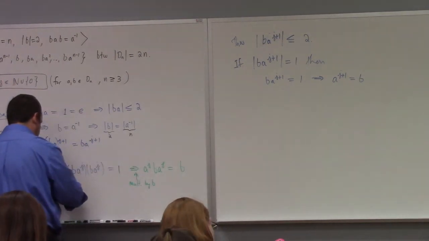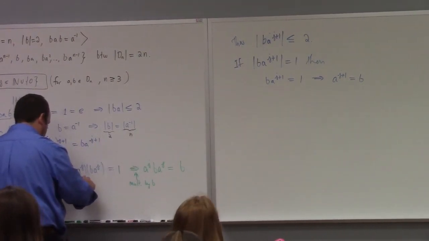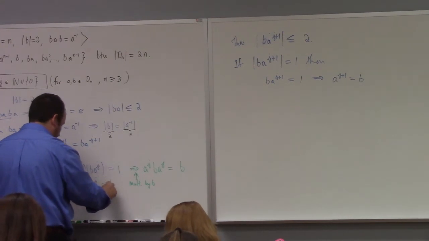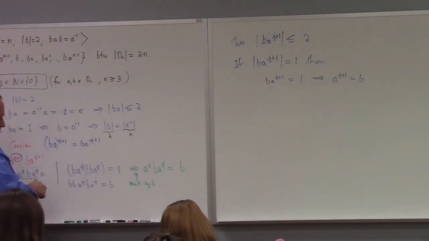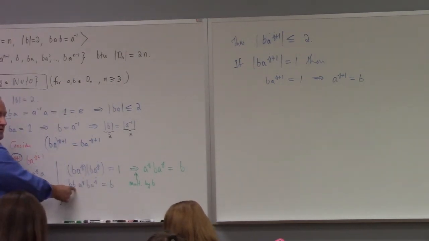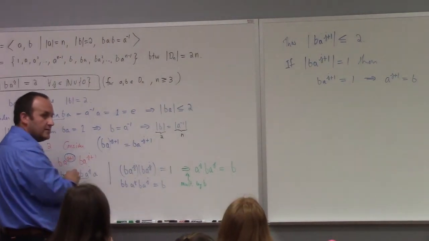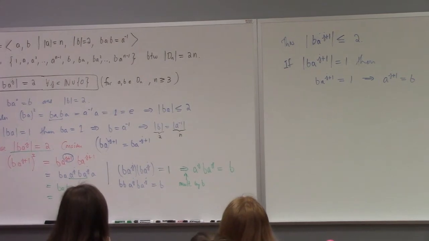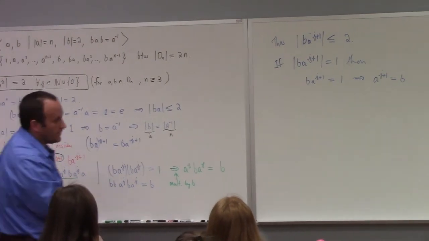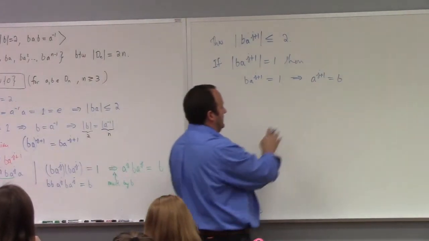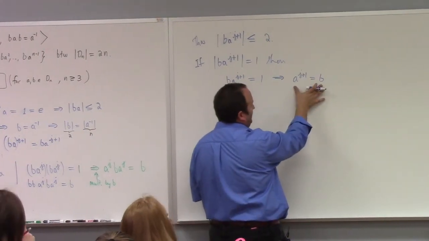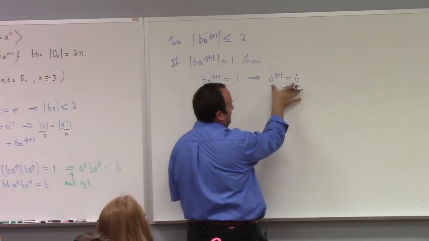So we got B, B, A to the J, B, A to the J equal to B, yeah? See, BB is 1. You're not wrong. It's just that B inverse is equal to B. That's all. So if that's equal to 1, that means that B is equal to A to the J plus 1, right?